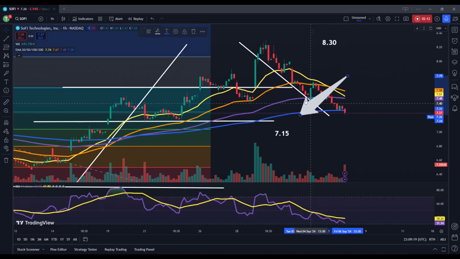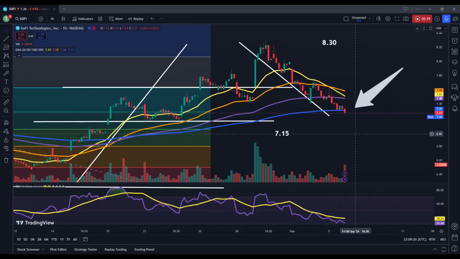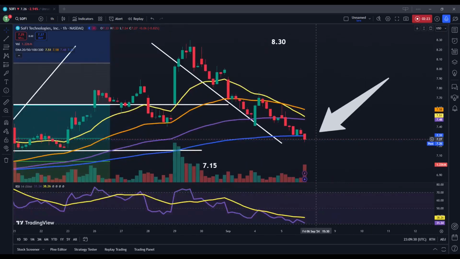Essentially what's going on is we've got this 200 period exponential moving average, this rising blue line here. That would be the 200 hour exponential moving average. We are actually seeing a break below this level, a break and a close on a daily basis. So I can't really say that we're still within the exponential moving average cluster.